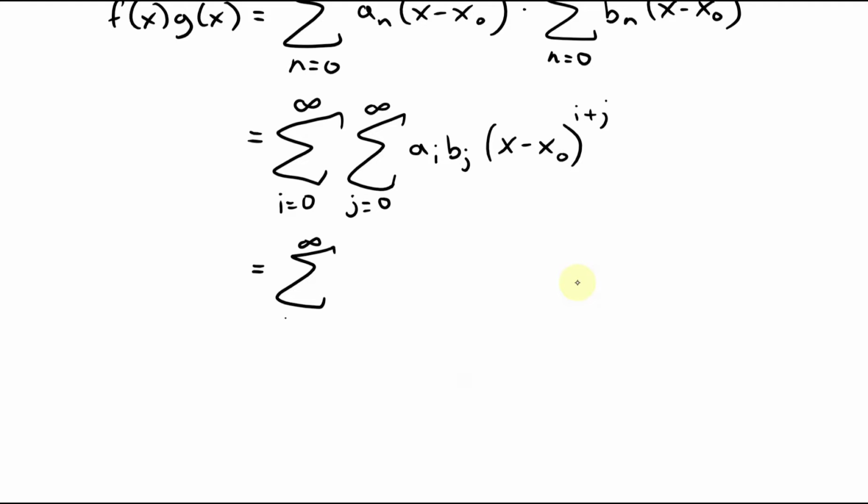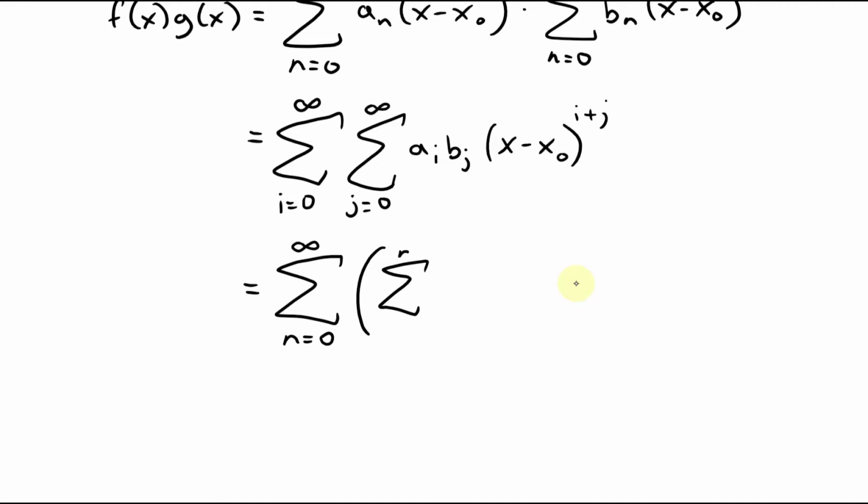Summation n equals 0 up to infinity. You just move it down like that, and then this is going to be the summation inside, because this one doesn't go to infinity, it just goes to n, so that's why I put it like a bracket. This is different because these are going to infinity, but this one is going to be within it, so we put it like that so we know.